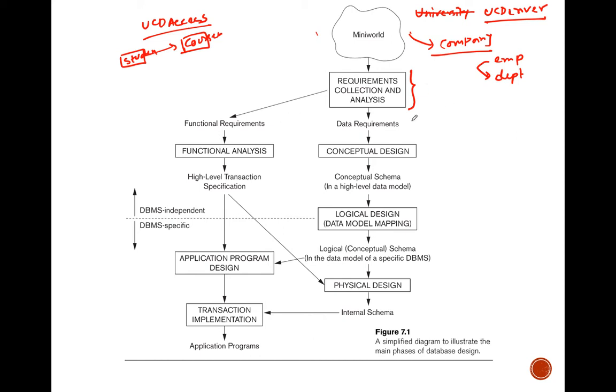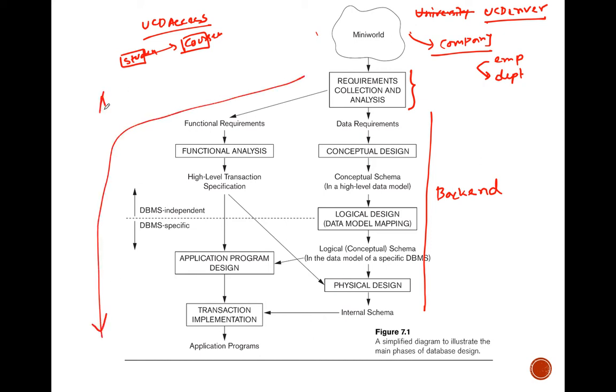Now from that step, we are going to go into two paths. One for the database, which will work at the backend, and one for the application. The application is going to be used by the user, so this is the front end that the user will use, and the database will stay at the back end.